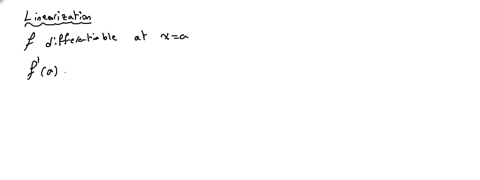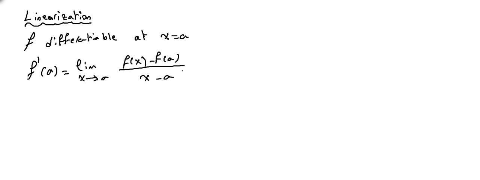If f, for example, is differentiable at x equal a, this means it has a derivative. Its derivative at that point is equal to the limit as x approaches a of f of x minus f of a over x minus a, right?